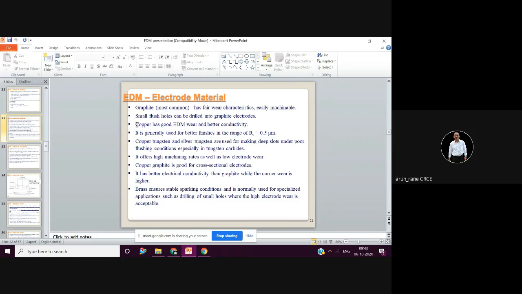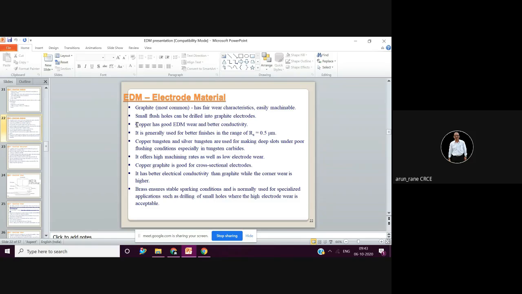And yes, people are working unmanned because in EDM, you cannot afford to keep one operator for one machine. Once he puts the electrode, it keeps on sinking, going down, down, down. So what is he going to do for 2 hours? One operator is supposed to take care of 5 to 6 machines.